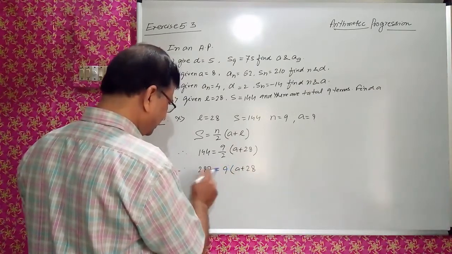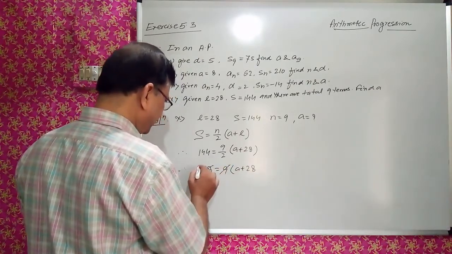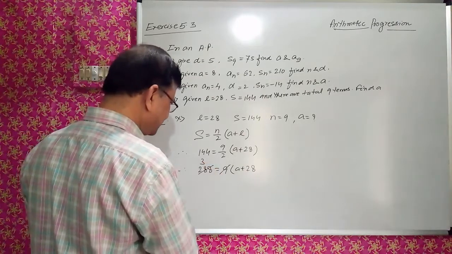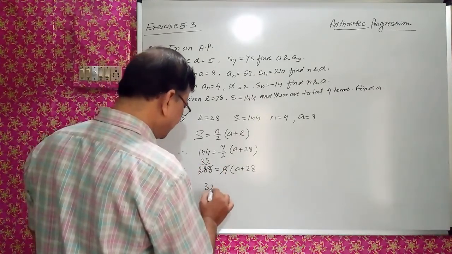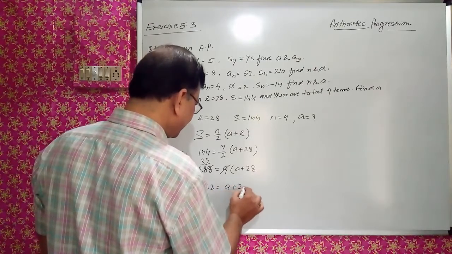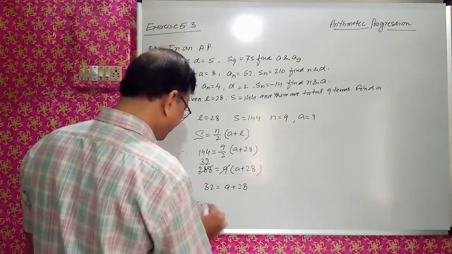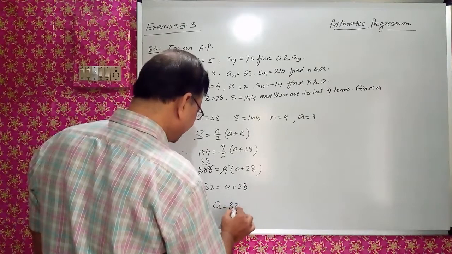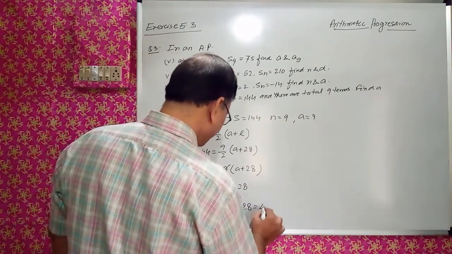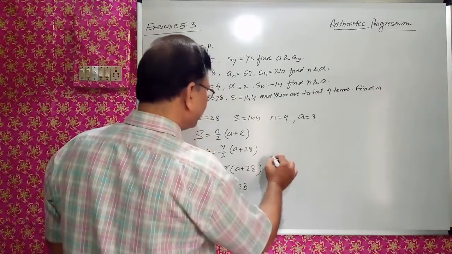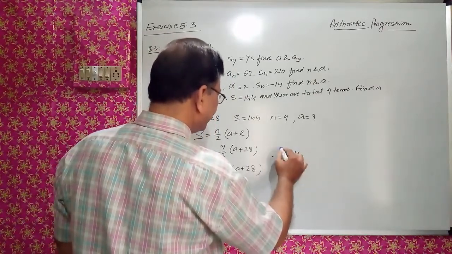So 9 goes 32 times. Therefore 32 is equal to a plus 28. Therefore a is equal to 32 minus 28, that is equal to 4. Therefore a is equal to 4.